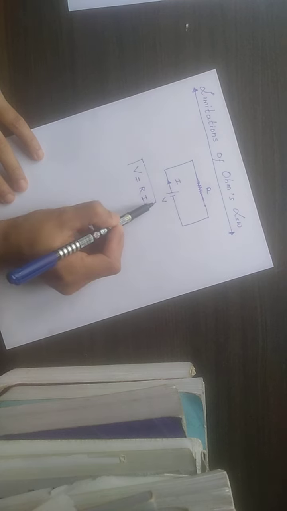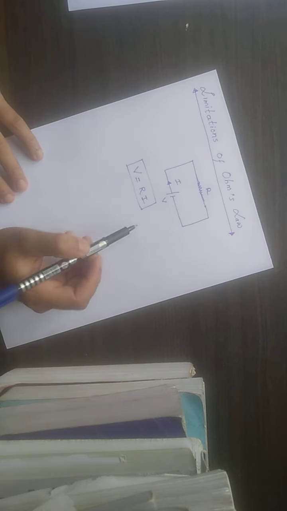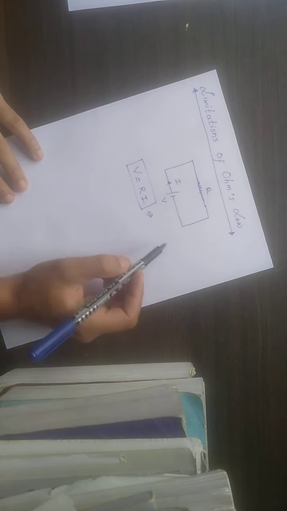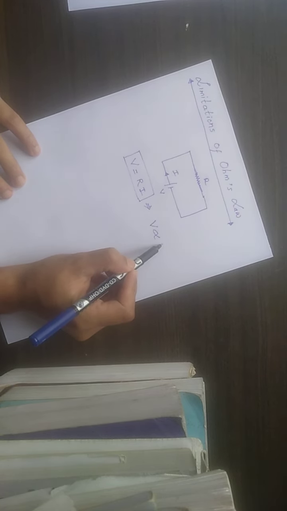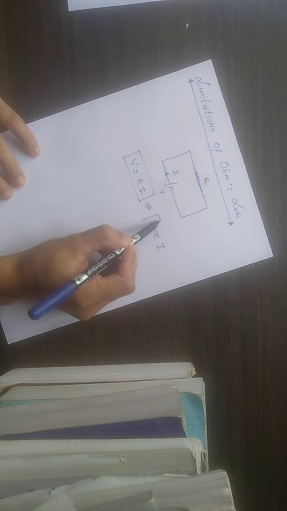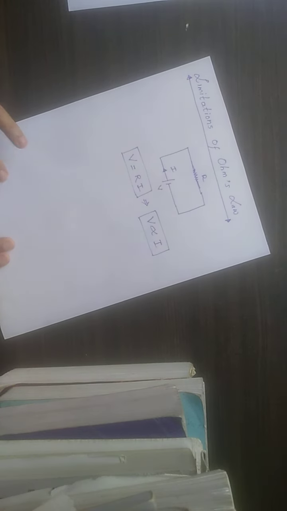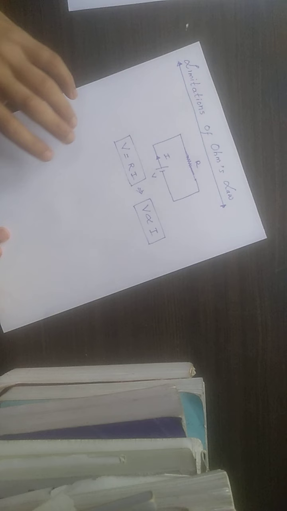So this is our Ohm's law, which tells us that potential difference is always proportional to current flowing in the circuit.